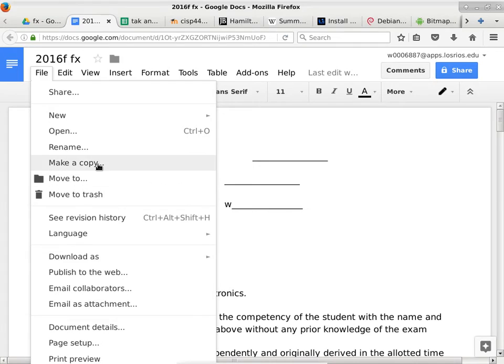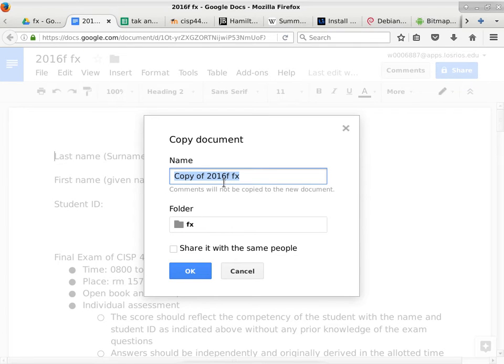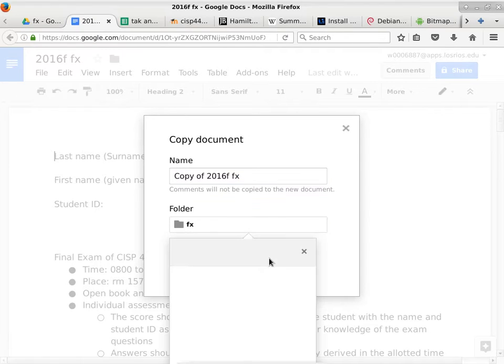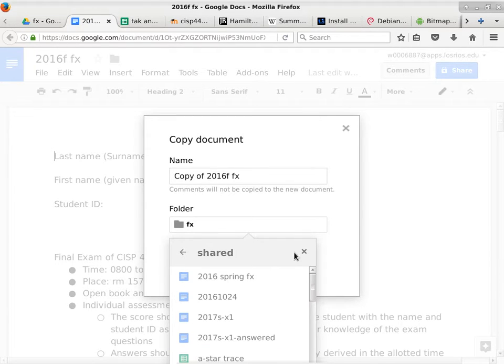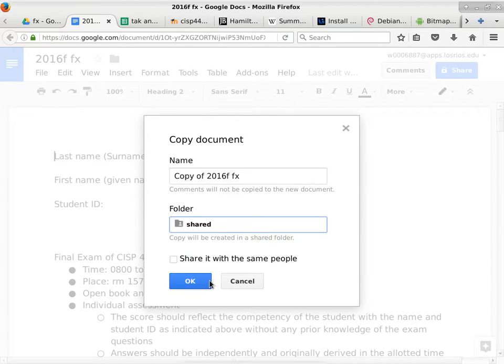So we'll make a copy to the folder that you can see, which is the shared folder. Click OK.